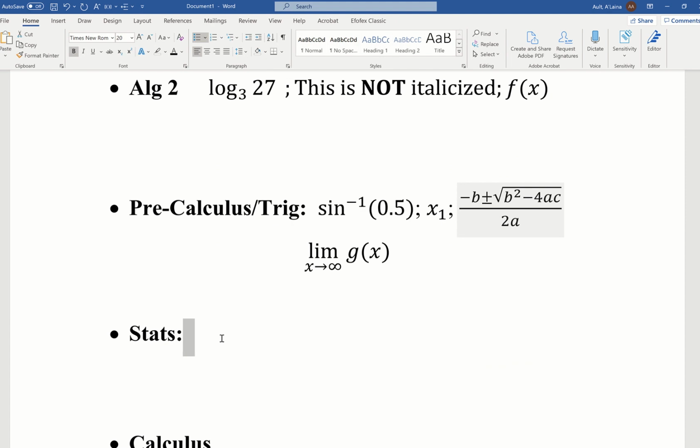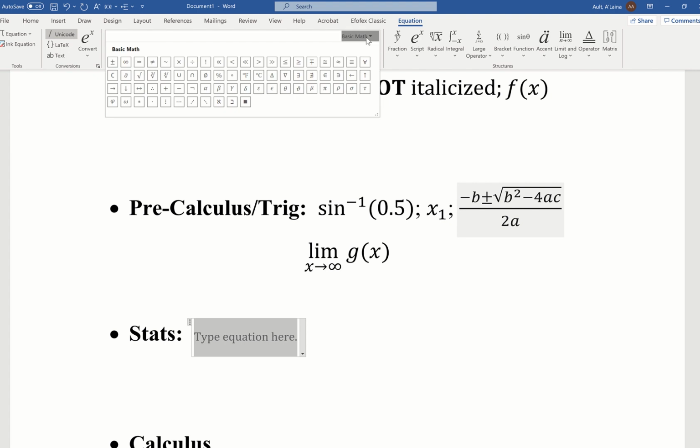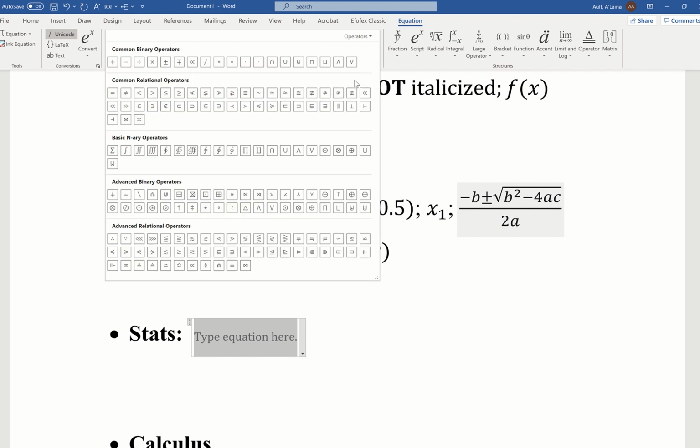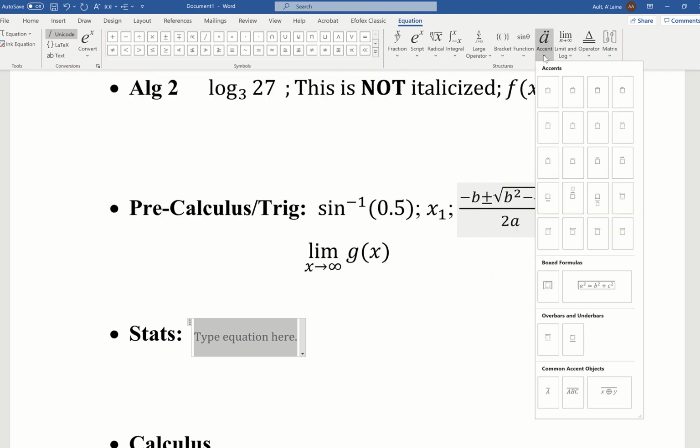For statistics, we do have some notation that could be helpful for probability and statistics. First of all, there was all of the set notation that showed up, like in all of this and some of the other operators. We've got some set notation in here, which is really great. We also have, under accents, some of your basic notation, like for the mean, and so on.